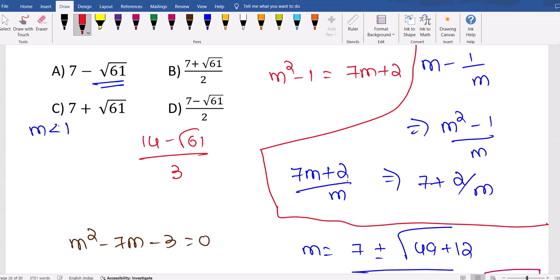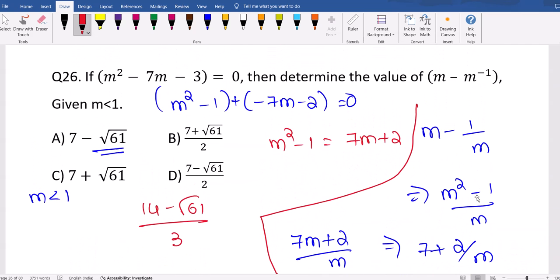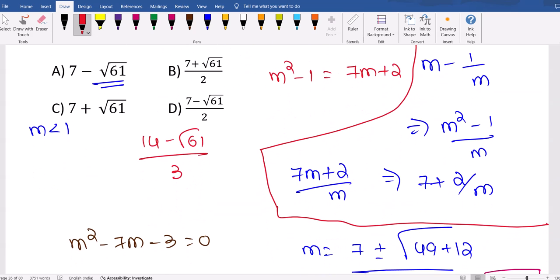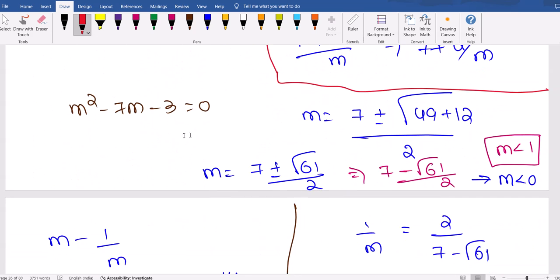M is between 0 to 1 means definitely 1 by m is greater than 1 can be decided. But here negative also there. So that should be focused. Fine, I think no mistake anywhere, but some options not matching. But I hope you understand what is the discussion.